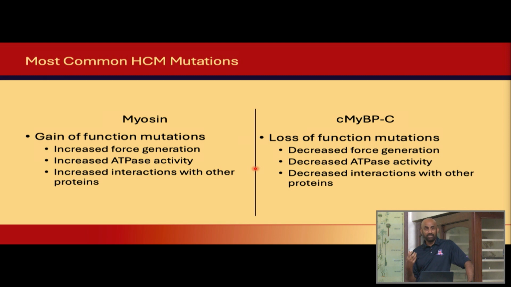What does that mean? Myosin is now hyperactive, more active in utilizing and hydrolyzing ATP, resulting in generating more force. In myosin binding protein C, when you have the mutation, it causes decreased force, decreased ATPase activity and decreased interaction with other proteins. So this can be a simple example of how to define these two different gain of function or loss of function mutations.